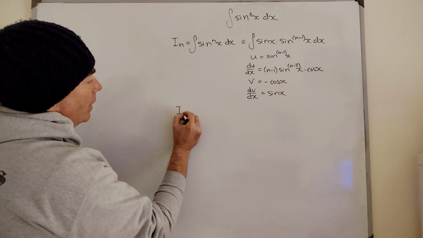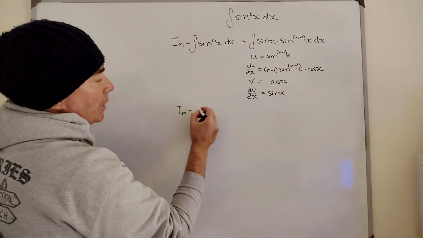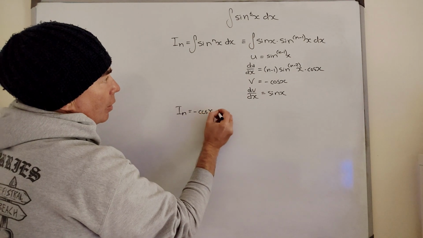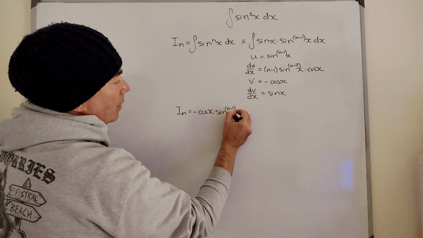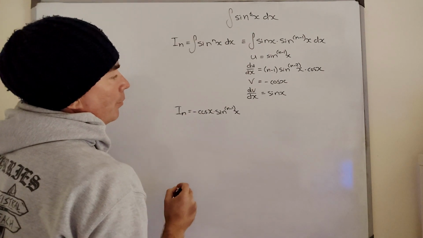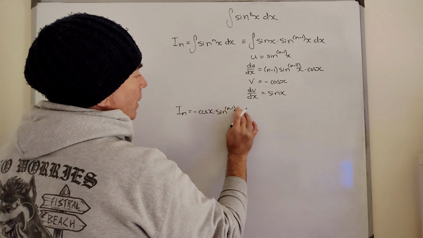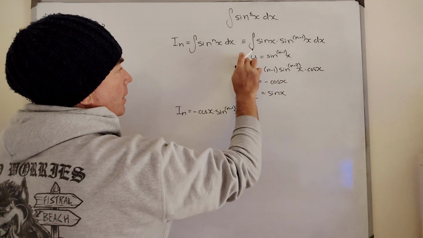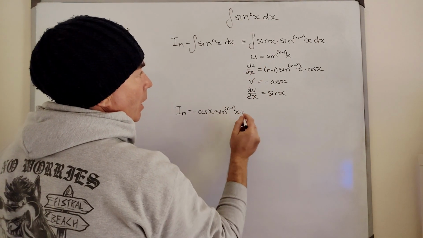So my integral I_n now becomes uv, which is u times v: negative cos x multiplied by sine^(n-1) x, subtract the integral of v du/dx. So v times du/dx, so it's these two multiplied, and because that's negative, that becomes plus.